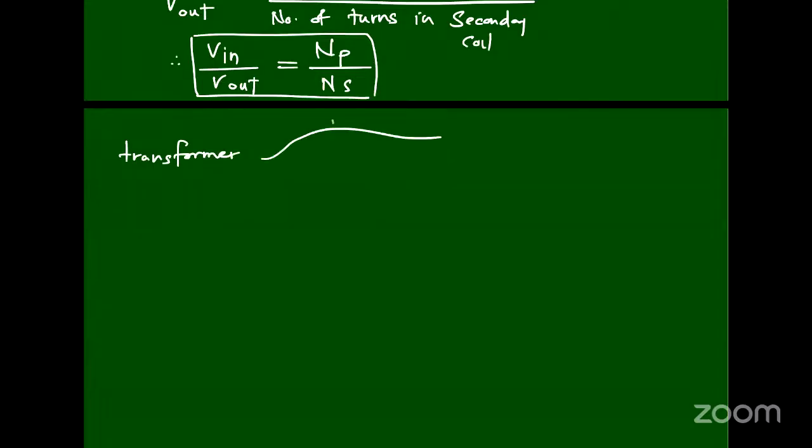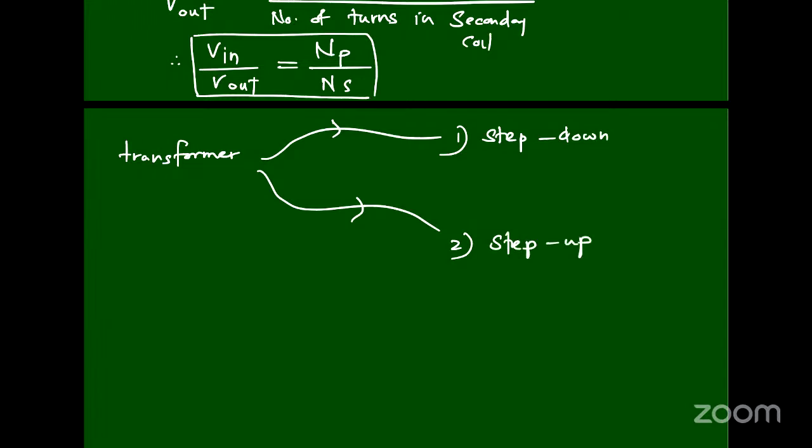Okay. And the next point that you need to remember is that there are two types of transformers. The first one is step down transformers, and the second one is step up transformers. This is actually easy to remember. Step up means you are getting a higher V out from a low V in, a higher output voltage from a lower input voltage.